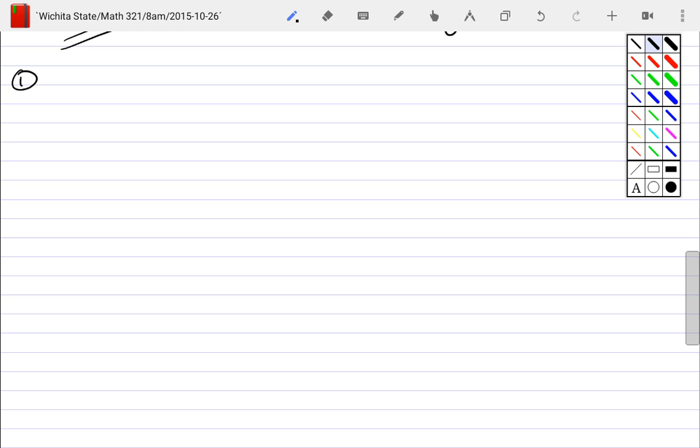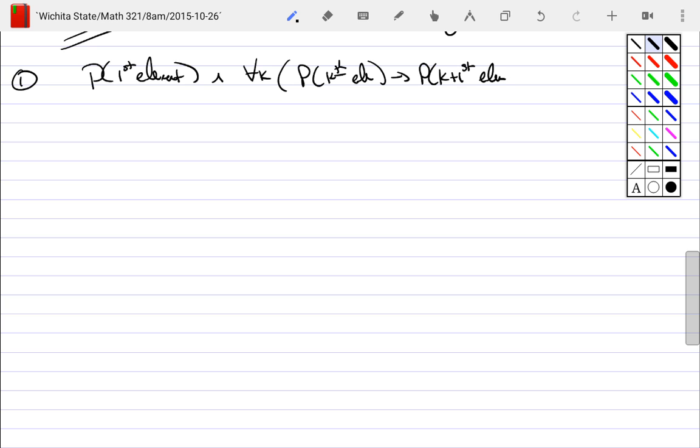And so the first tautology that we have is p of the first element, and I have a for all k that p of the kth element implies p of the k plus first element. So I have two objects here.